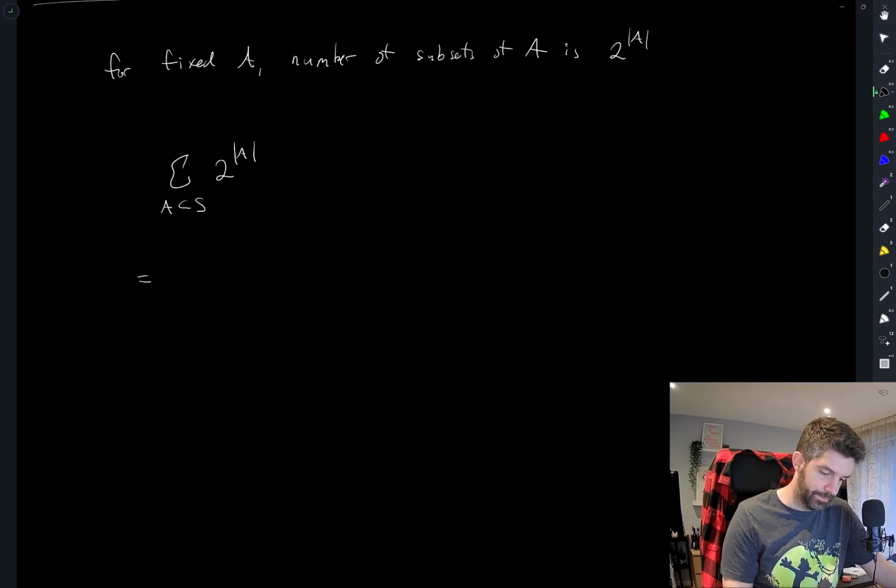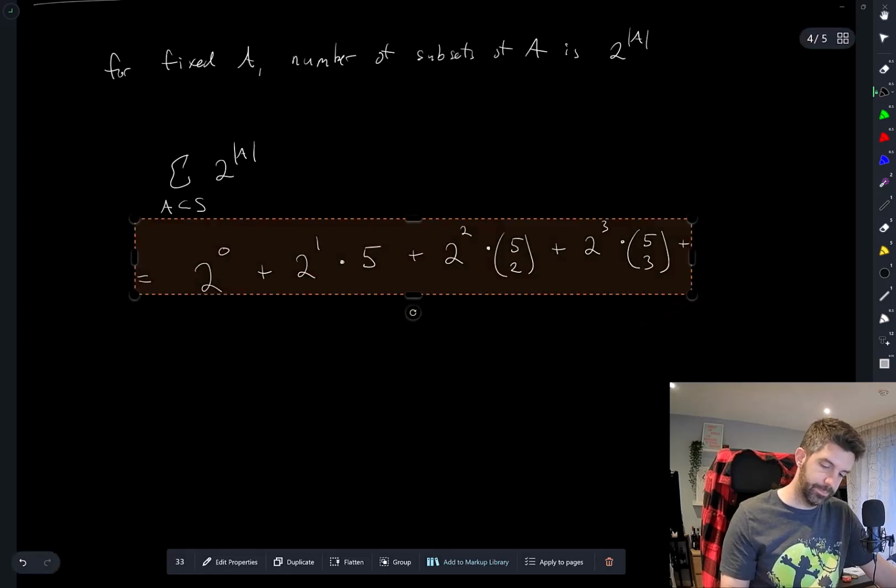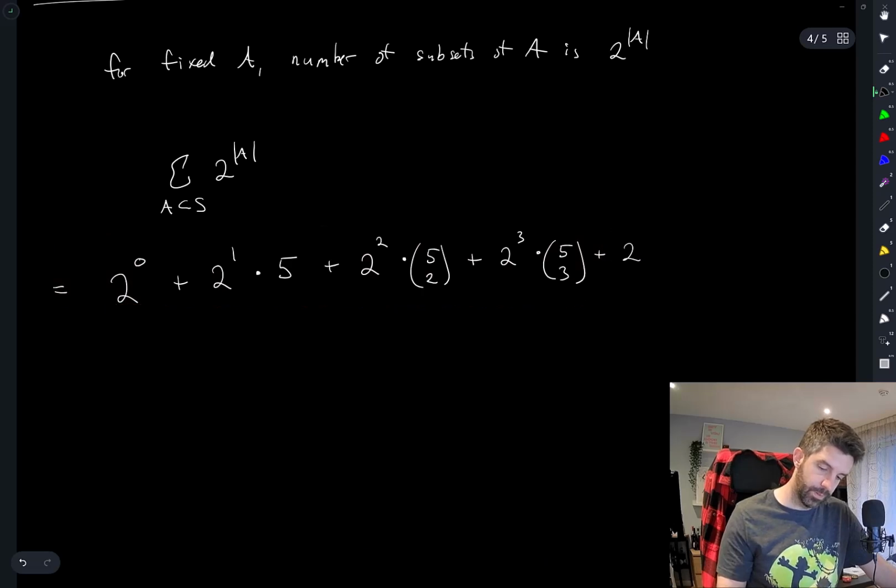So this is equal to 2 to the 0 plus 2 to the 1 times the number of subsets with cardinality 1, and that's 5, plus 2 squared times the number of subsets of cardinality 2, and that's 5 choose 2, plus 2 cubed times the number of subsets with cardinality 3, 5 choose 3, plus 2 to the 4 times 5 choose 4, plus 2 to the 5 times 5 choose 5, which is 1.